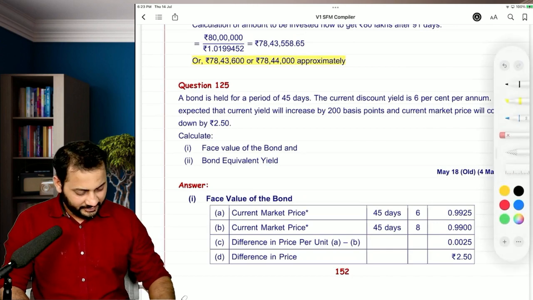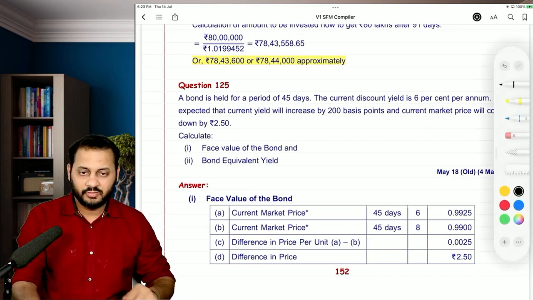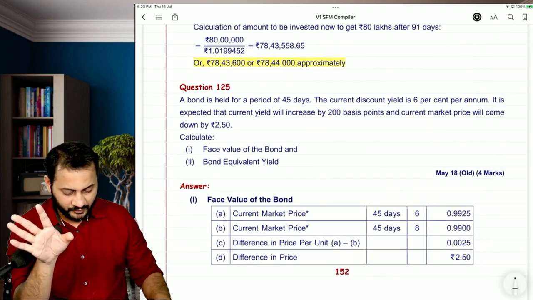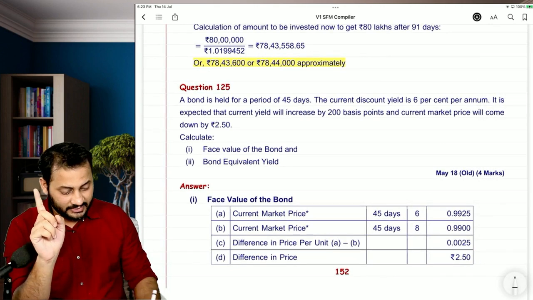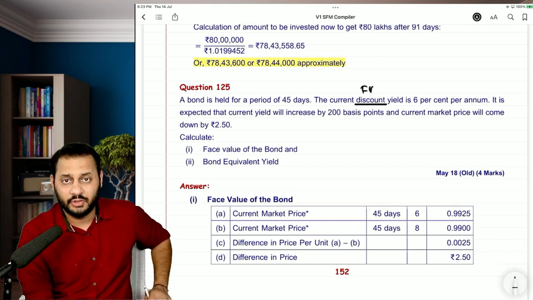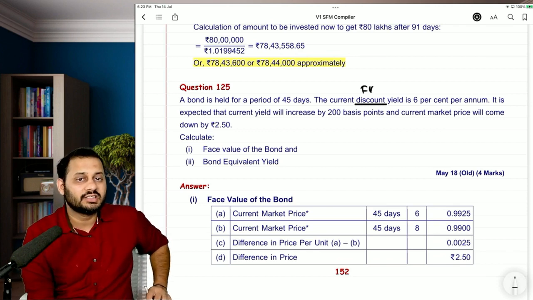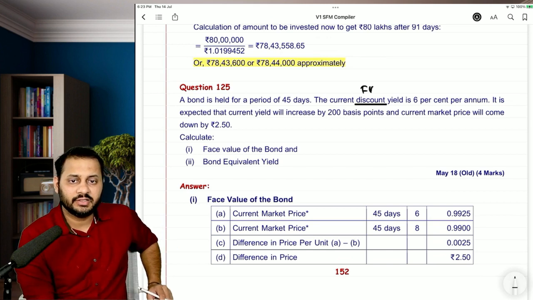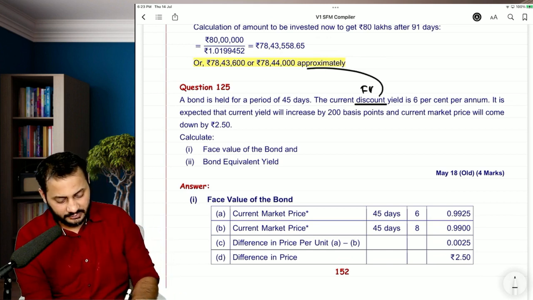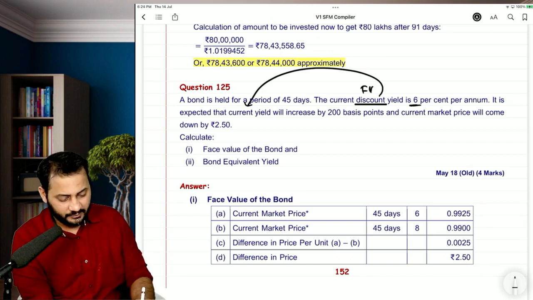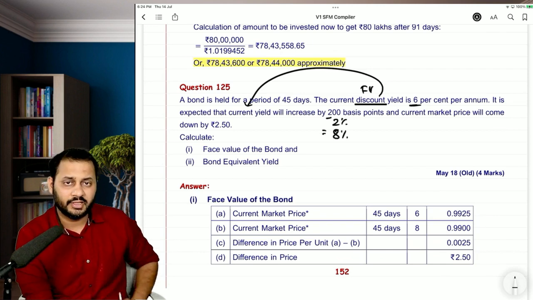Okay, so this is quite interesting question. We are going to solve it. Have a look. A bond is held for a period of 45 days. The current discount yield is 6%. Underline the word discount. So it will be applicable on the face value. It's not just yield, it's a discount yield. Is 6% per annum. It is expected that the current yield, this yield, will increase by 200 basis point. If 6% increases by 200 basis point, that means 2%, it will become 8%.